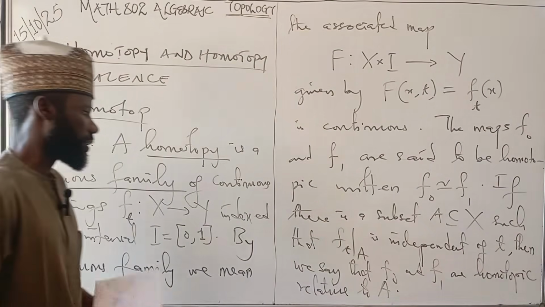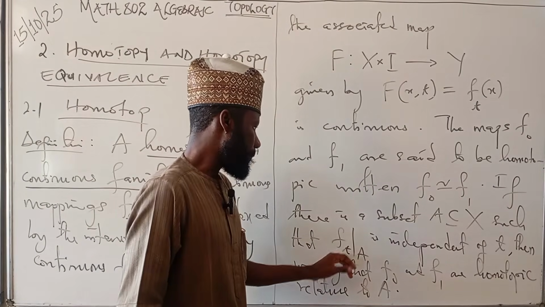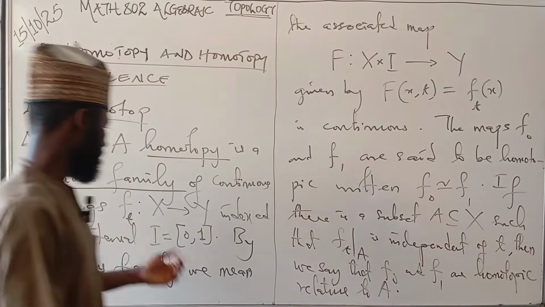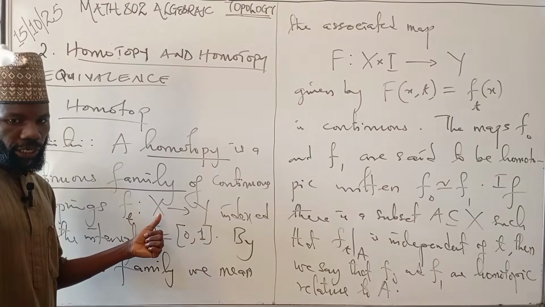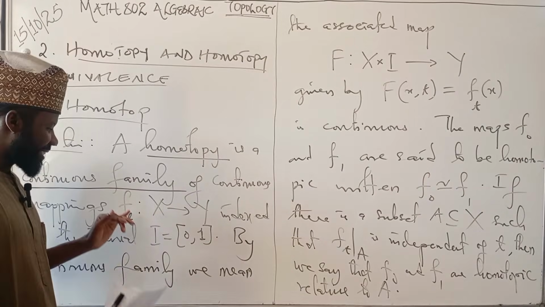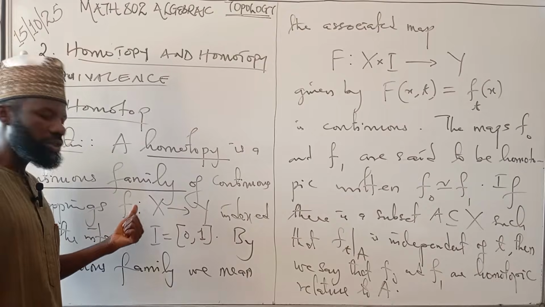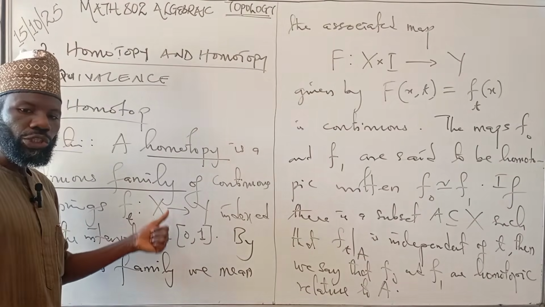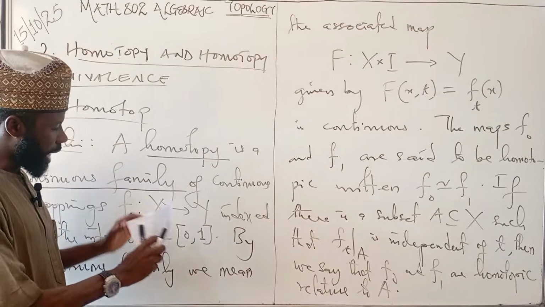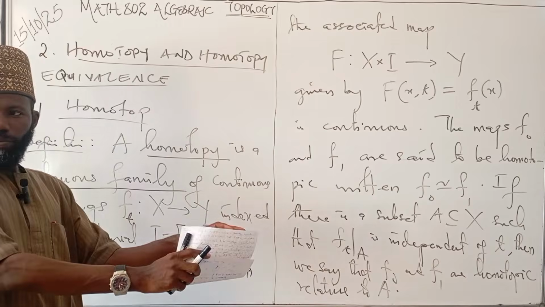All right, please. What we are saying is, if you have a subset, you see this is a map from X into Y. So if you have a portion of X, the image throughout the mapping, the homotopy, what is happening with that portion A of X is the same.